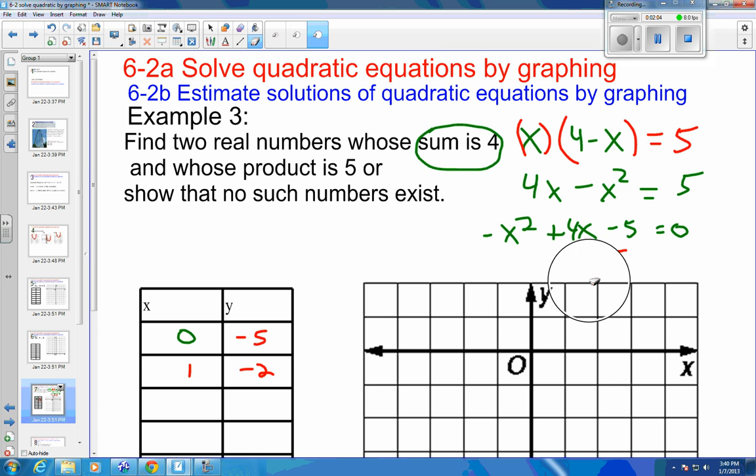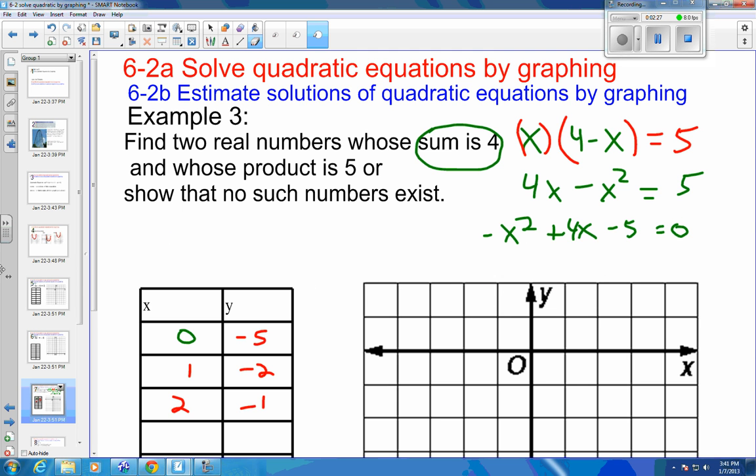Okay, let's try a 2 here, see what happens. So that would be a negative 2 squared is 4, and 4 times 2 is 8, minus 5. So this is going to be minus 9 plus 8, so that's a minus 1. Again, these numbers are getting closer together, so I must be getting closer to my maximum.